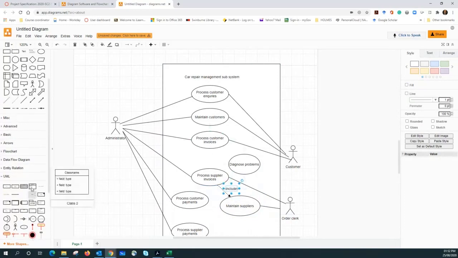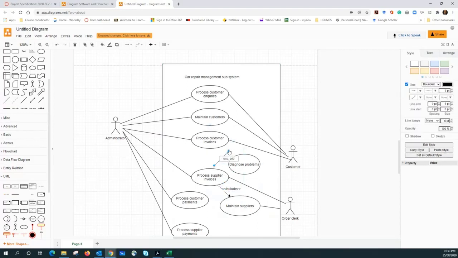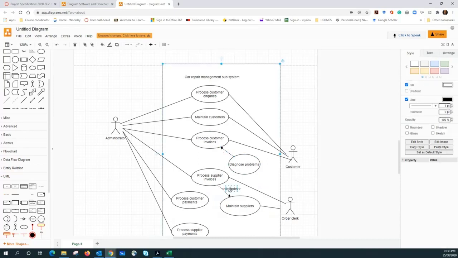So let me take another dash line. So this time here, it goes from this side, okay.